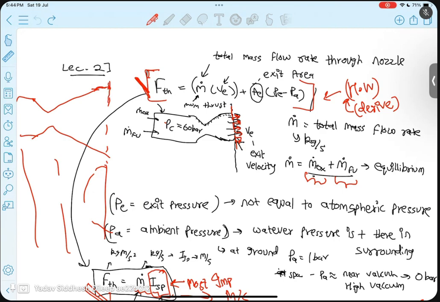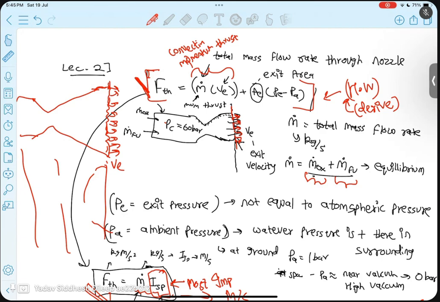Here, when the gases are exiting, they have some velocity that is called the exhaust velocity or the exit velocity. Then this is the convective thrust or momentum thrust, generated due to the change in momentum of the gases.